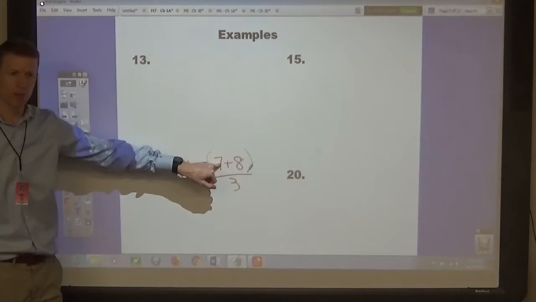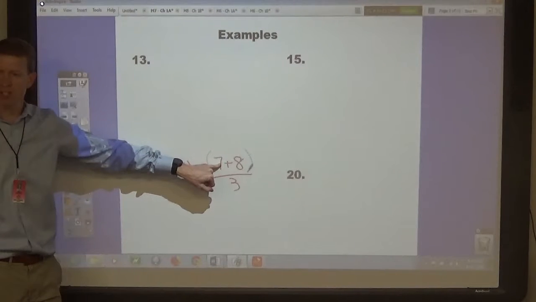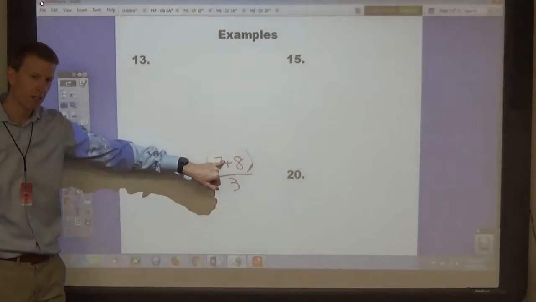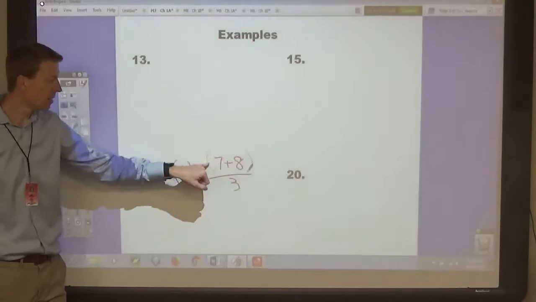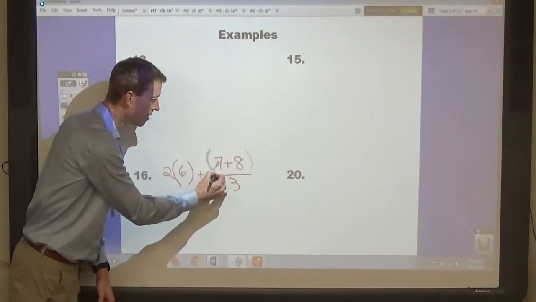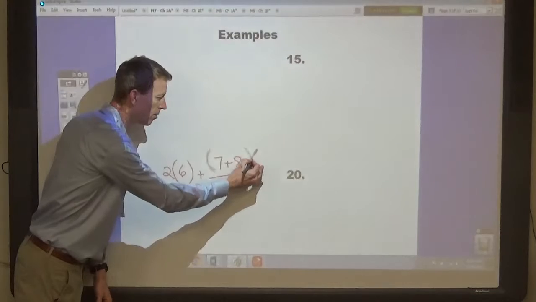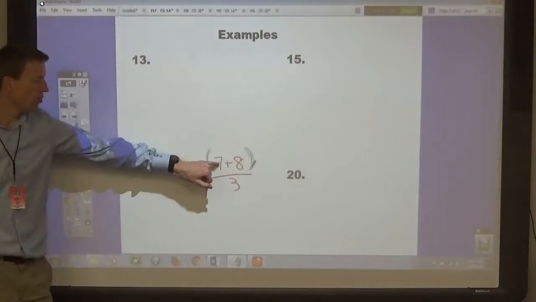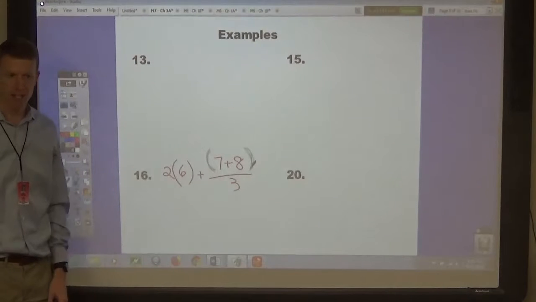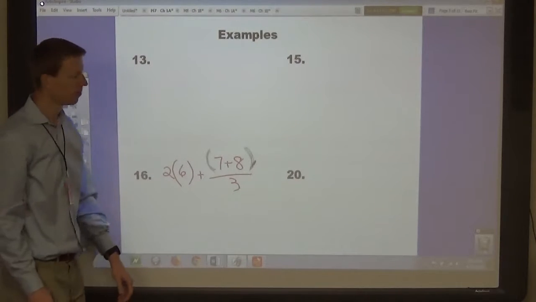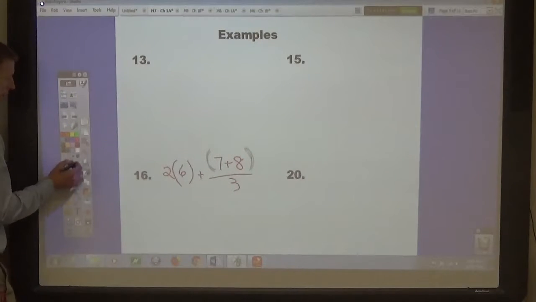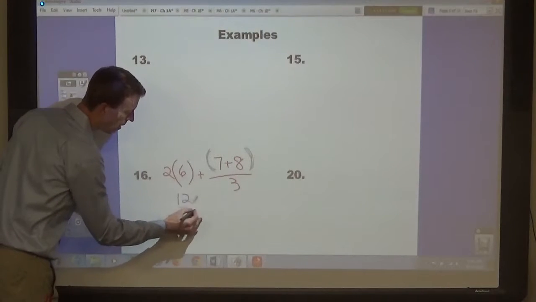Even though the order of operations says you're supposed to divide before adding, this is another way of writing parentheses, meaning that the parentheses change the order so that we do the addition before the division. Does that make sense? You have to simplify this before dividing it.